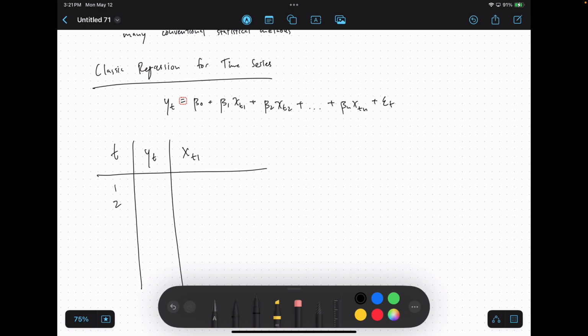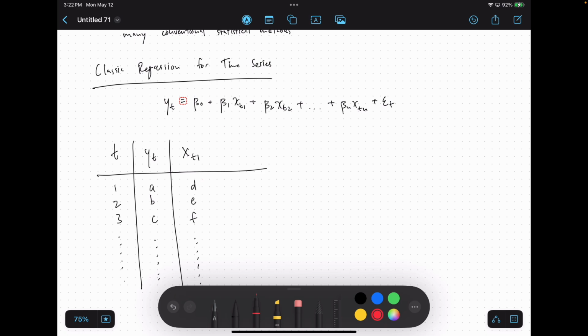In time periods 1, 2, 3, we may have observations, something like A, B, C, D, E, F. So obviously the x's relate to the y's, right? That's the whole point of setting up our model like so.